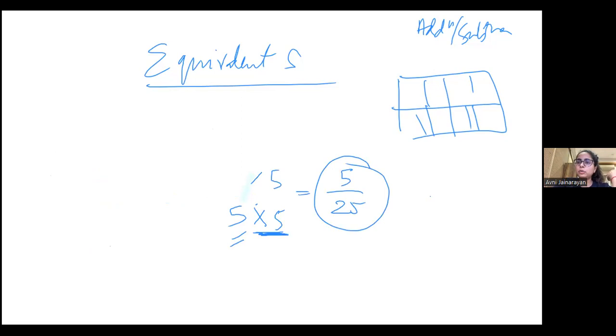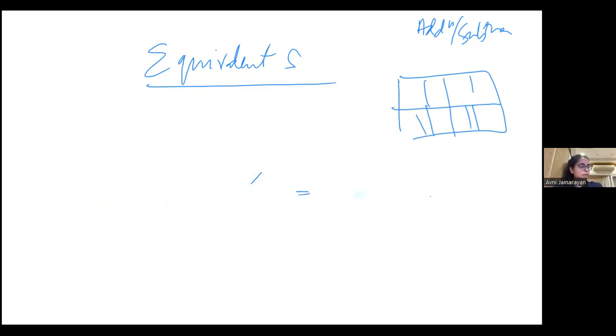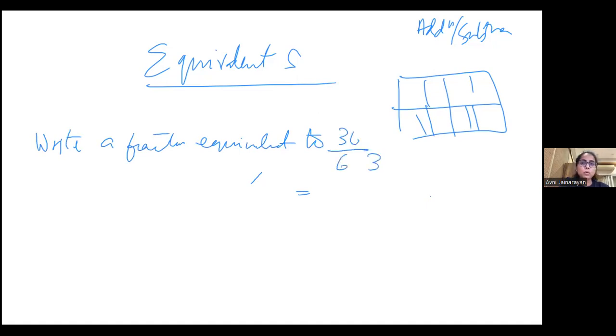Another question in a twisted way. Write a fraction equivalent to 36 upon 63 with numerator as 4.